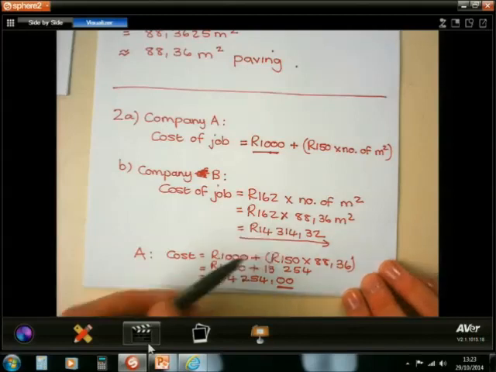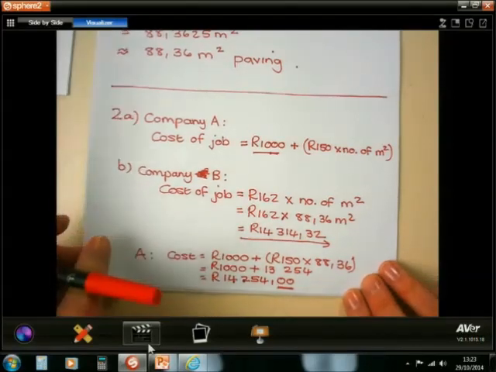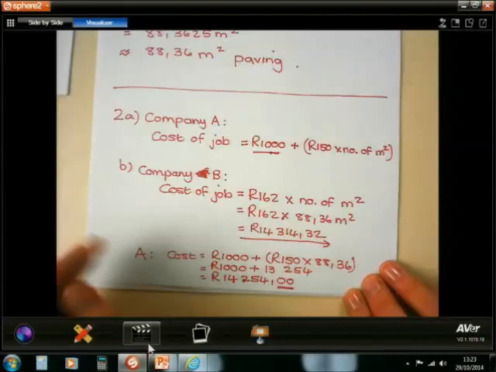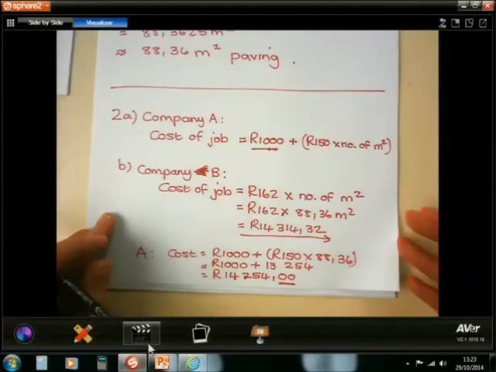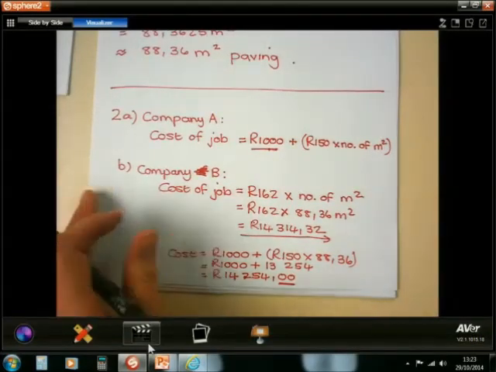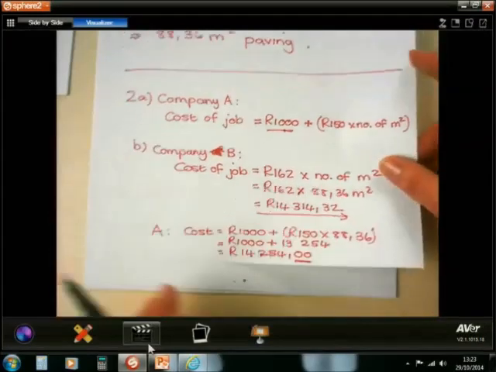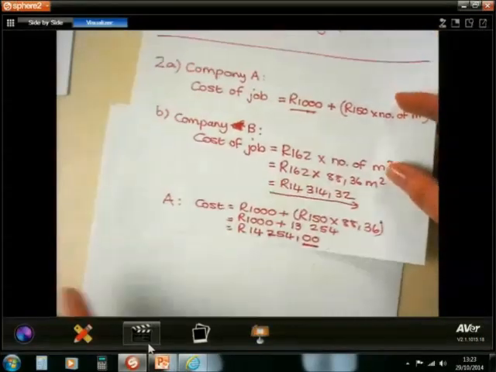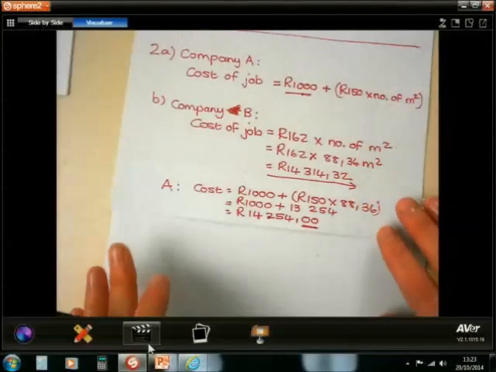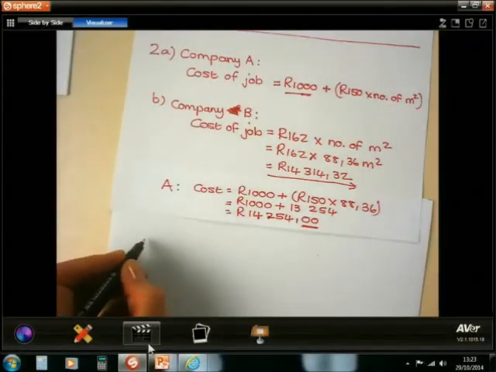Now, if we look at these two amounts that we got, which one is more? Because the question said, which company would be cheaper? So what you can do to work out, if you look at comparing the cost, you must show this.